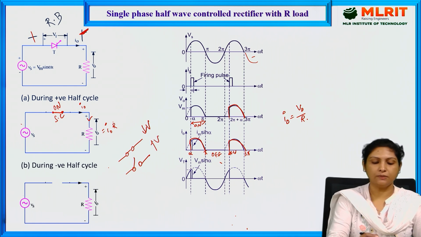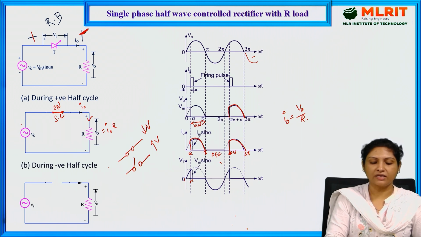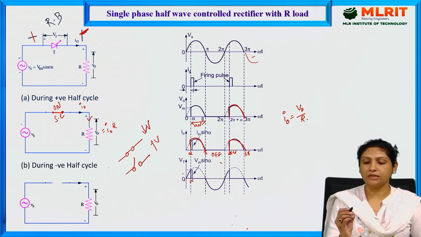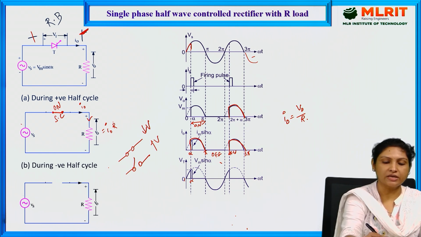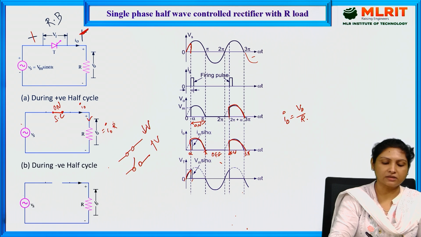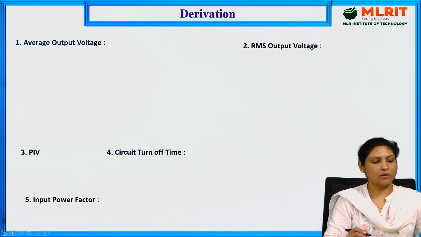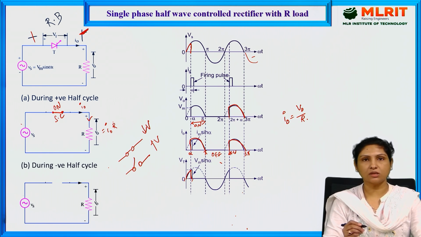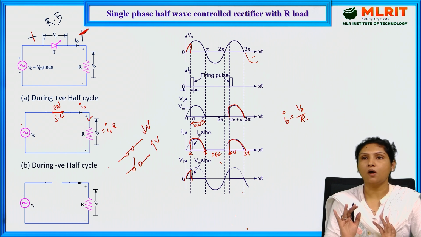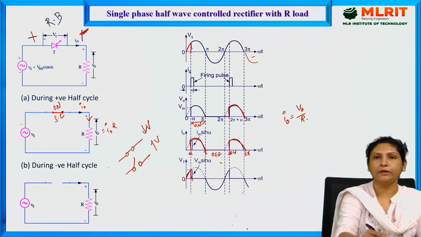From 0 to alpha, the thyristor is in the off state, and that is the reason the source voltage appears across the thyristor. Whatever voltage we apply across the source appears across the device during its off state, because during the off state the voltage will be high, and it follows the input voltage.